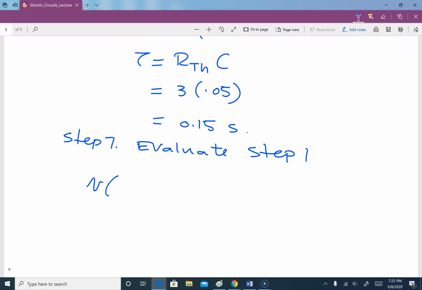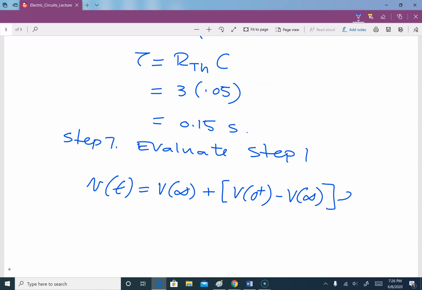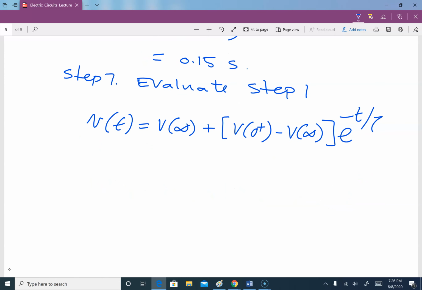So V of t is equal to V of infinity plus V of 0 minus V of infinity times exponential of -t over tau. And in this case, that is equal to -6 plus 12 minus -6 times exponential of -t divided by 0.15.